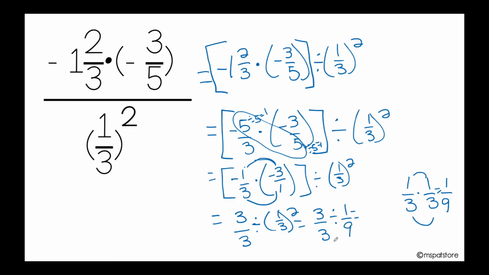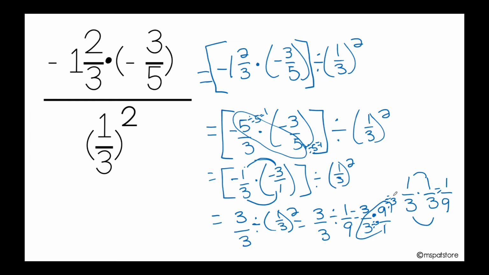Remember that in order for you to divide these fractions, you need to keep the first fraction the same, change the division symbol for multiplication, and then you flip the second fraction, 9 and 1. In here, I can simplify first because 3 and 9 share the same times table. 3 divided by 3 and divided by 3.